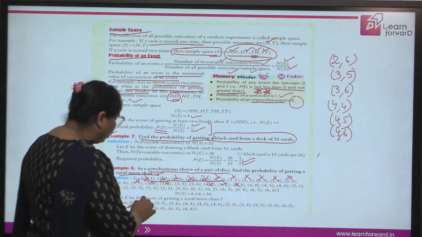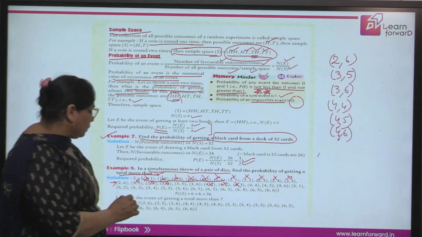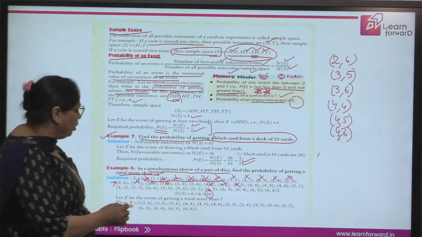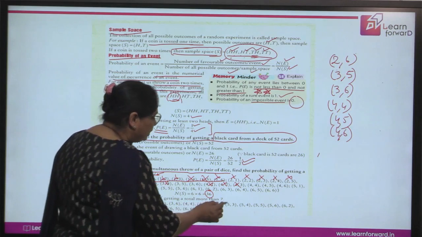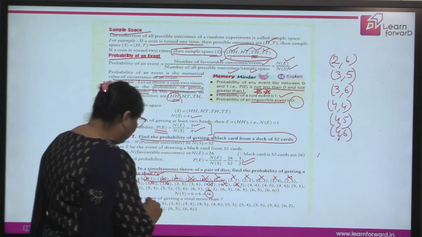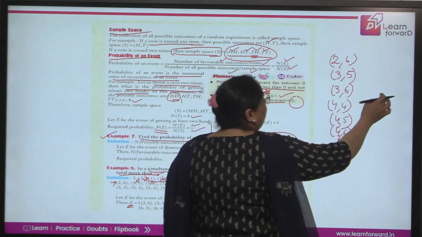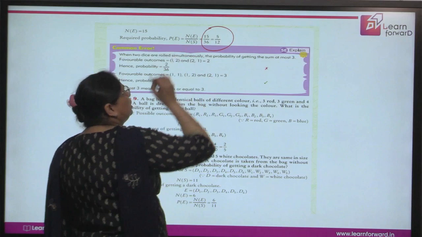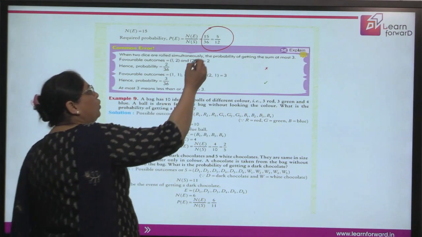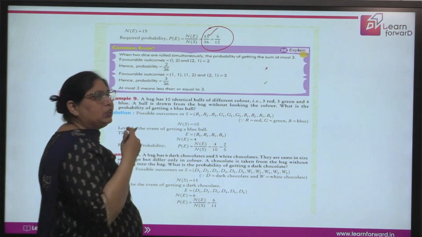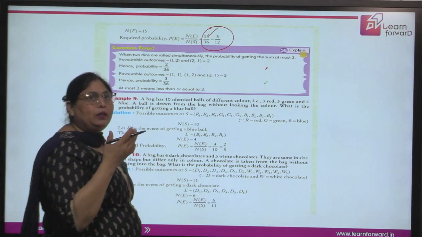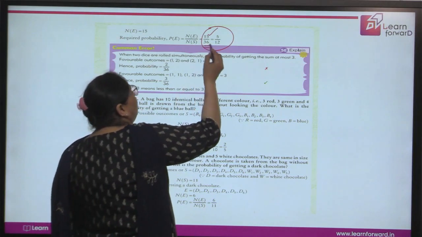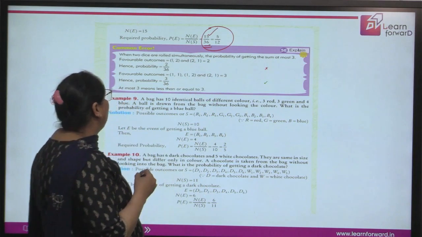So adding all the events, the possible outcomes, as I told you, are 36, and the favorable outcomes are 15. So what is the probability? It is 15 upon 36, because favorable outcomes are 15 where the sum is more than 7, and the total is 36. So it is 5 upon 12.